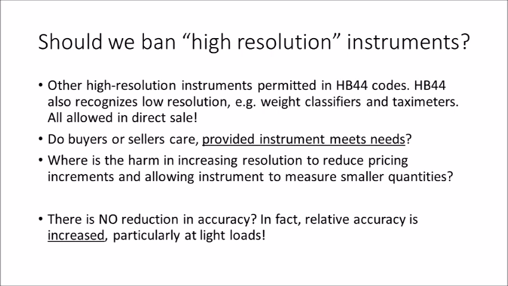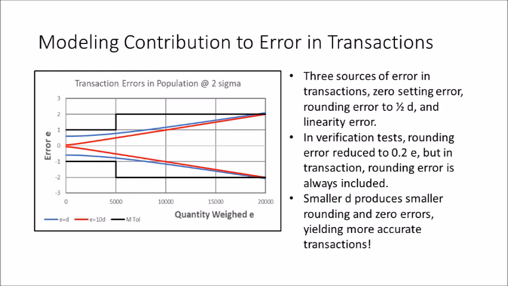And then I close by showing that there is no reduction in accuracy. In fact, I think we can show that relative accuracy is increased, particularly at light loads. I've done a model here, and we have to stop for a second thinking about an individual instrument and think about the population.